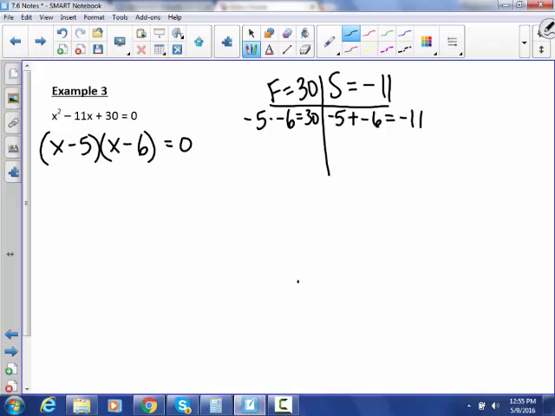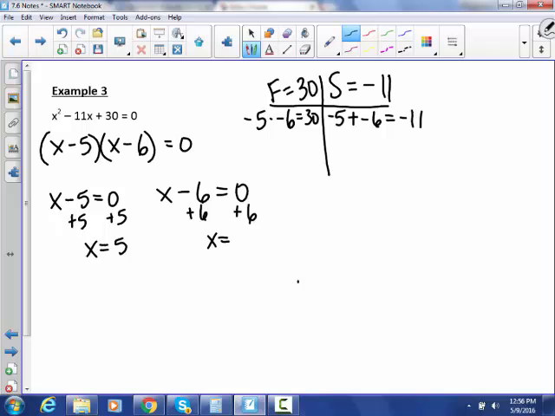Yeah. So then we solve it. This is the step we're doing further today. Last week we would have been done because we would have just factored it. But to solve it, we just go one step further and set both of them equal to 0. And that's pretty easy. So the solutions are 5 and 6.